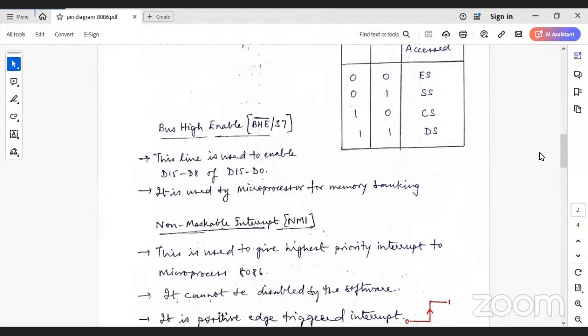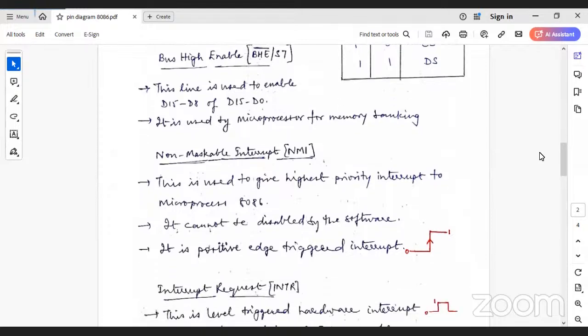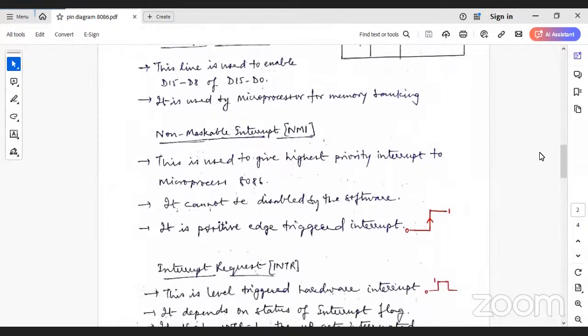Now the next one is your non-maskable interrupt. This is pin number 17, non-maskable interrupt, in your pin diagram. Now non-maskable interrupt means that whichever way you want, you cannot mask the interrupt. Suppose I want to give a command, say print, from the input device.